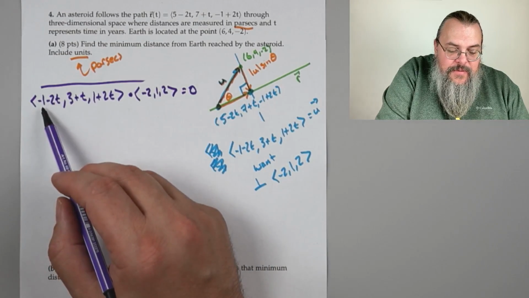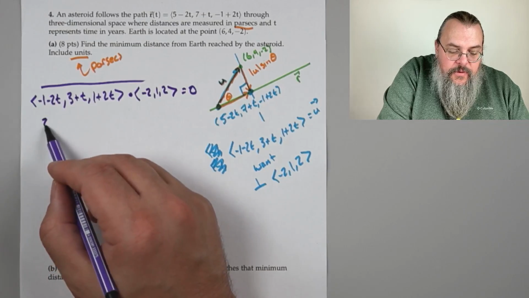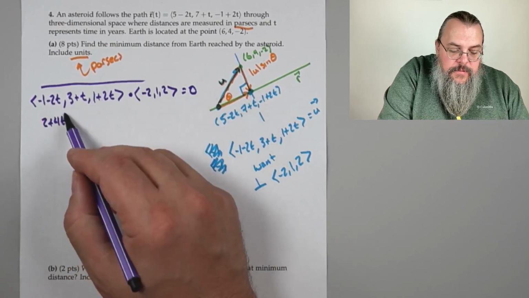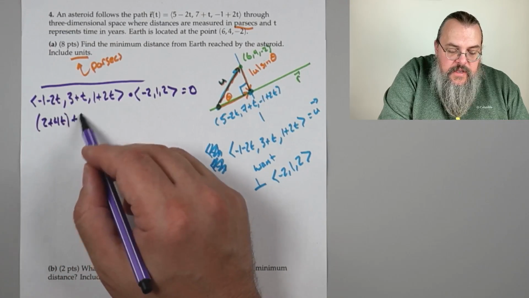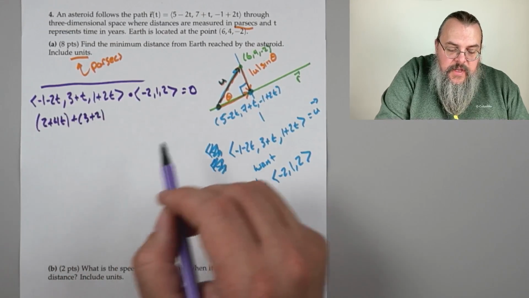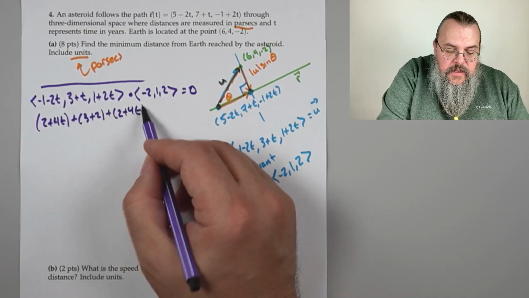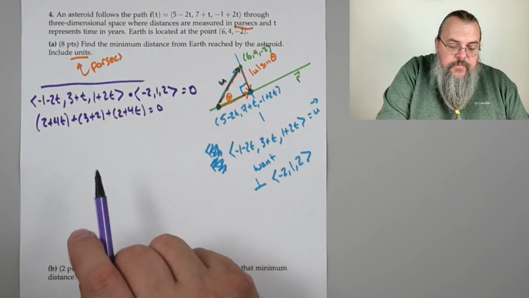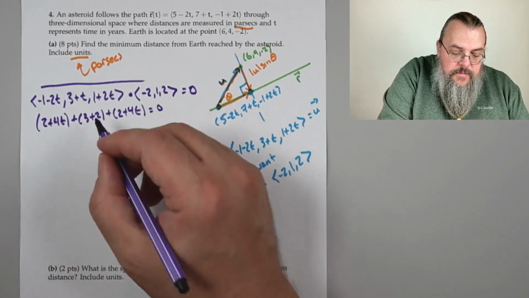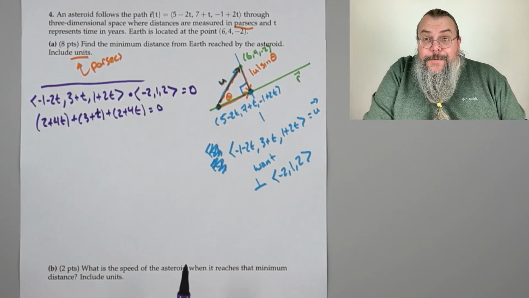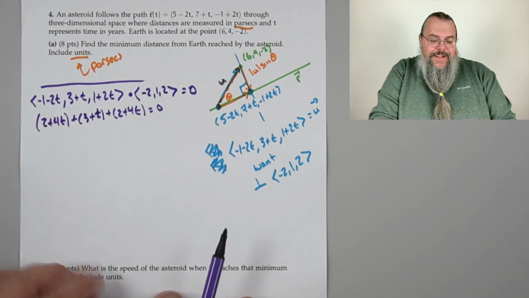All right, so this becomes 2 plus 4t. That's the first one. Then we have 3 plus t, the second one. And then another 2 plus 4t. Set this equal to 0. My t there looks an awful lot like a 2. Be careful. You want to make sure you can read your own handwriting.